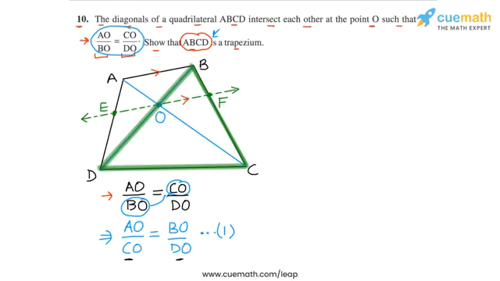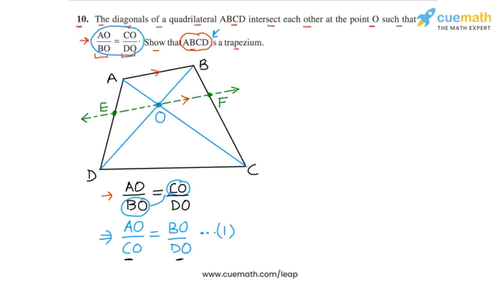So in this triangle we will basically get the result that BO by DO is equal to BF by CF, and from here we can then apply the converse of BPT and say that OF must be parallel to DC. So if OF is parallel to AB and OF is also parallel to DC, then AB and DC will be parallel to each other, and therefore ABCD will be a trapezium. So this is the logic we are going to use. I'm now going to write it out step by step as a proper solution.